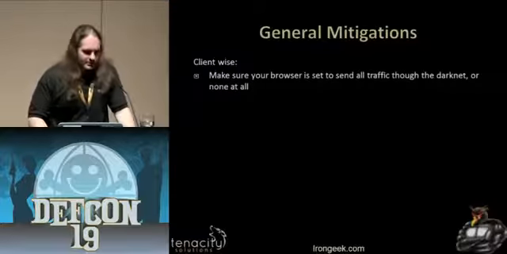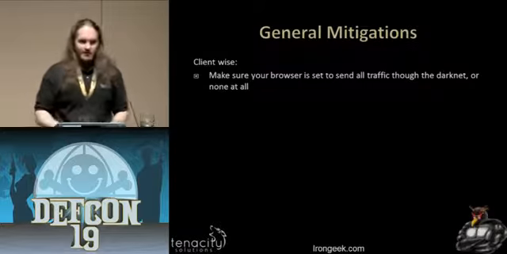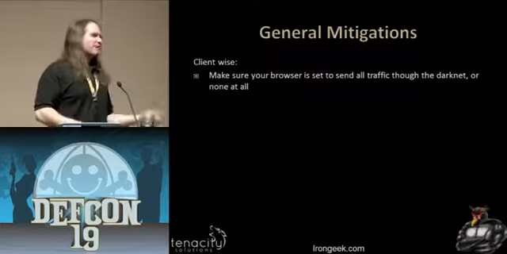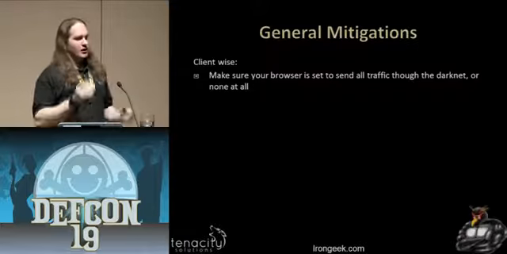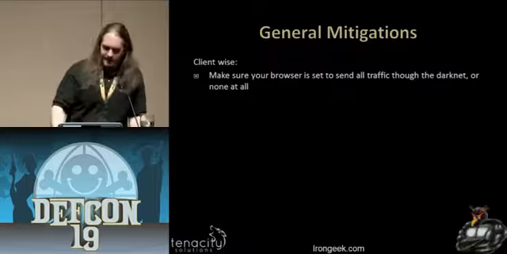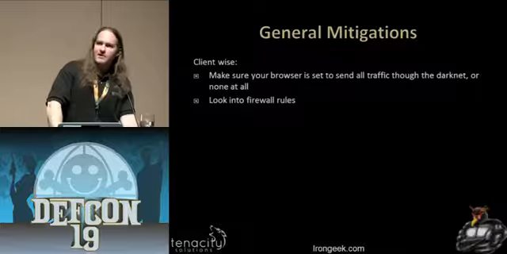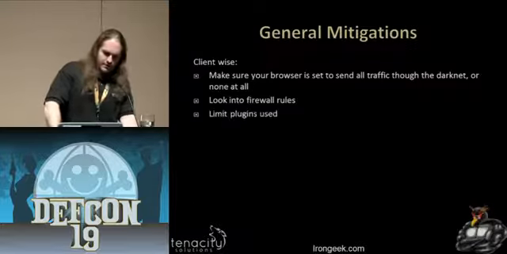Some general mitigations. Client-wise, make sure your browser is set to send all the traffic through the darknet. You may want to start using the darknet, fire up a sniffer, test a few protocols, and ask, is anything leaking out to the public internet that I wouldn't want people to see? Also, look into setting up firewall rules on a box so that nothing can go out besides through the darknet's port.